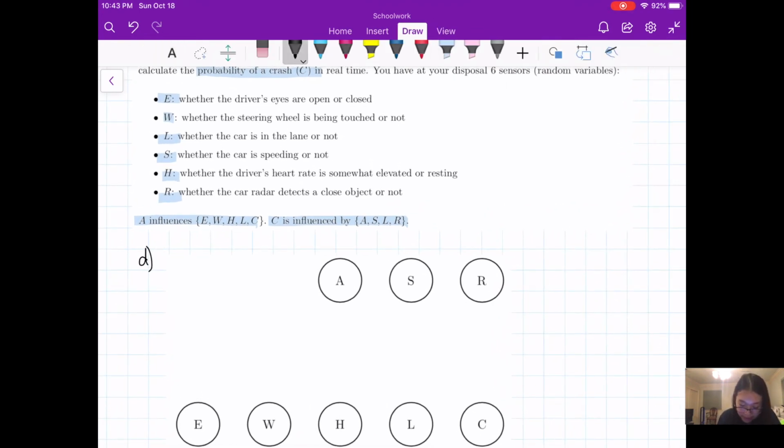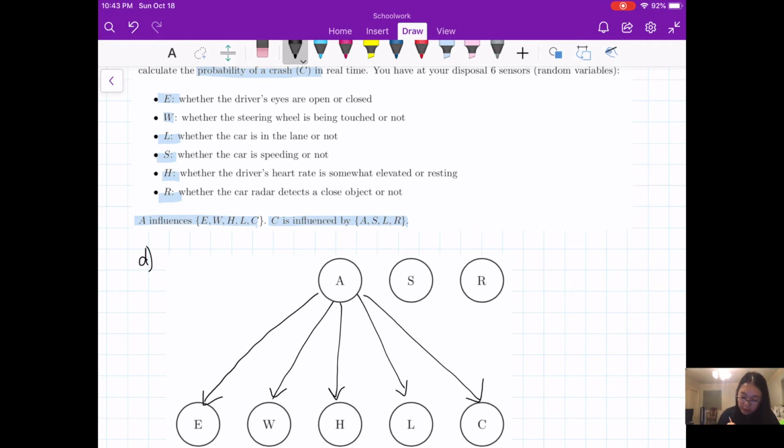We see that A influences E, so we can draw a directed edge to E, W, H, L, and C. And then we also see that C influences A, S, L, and R. Cool. Sorry, I read that wrong.